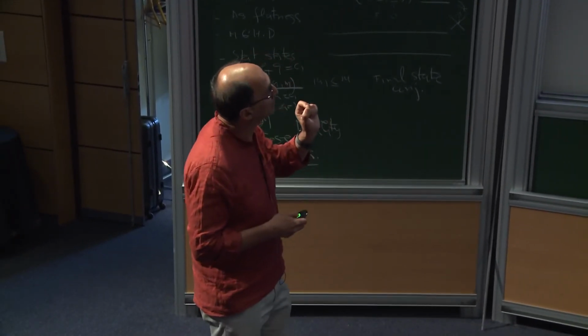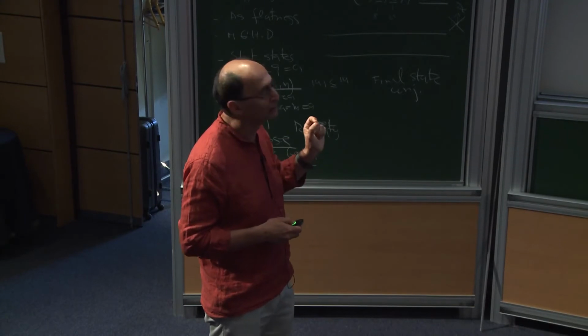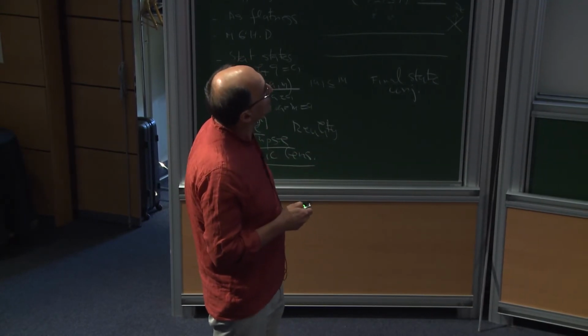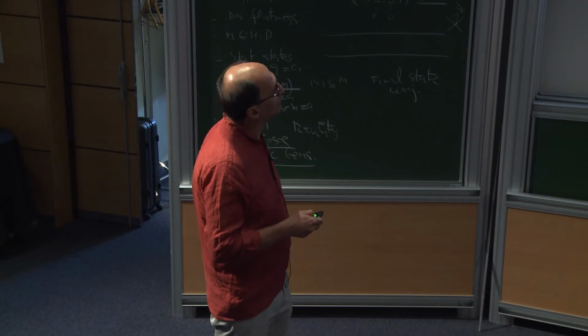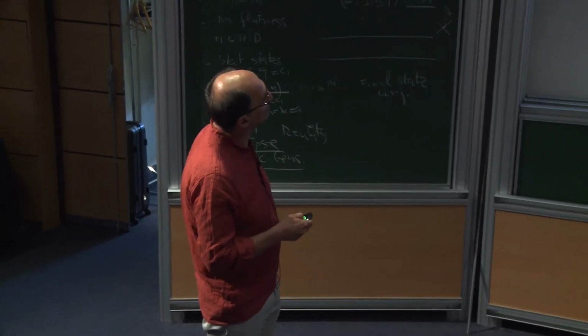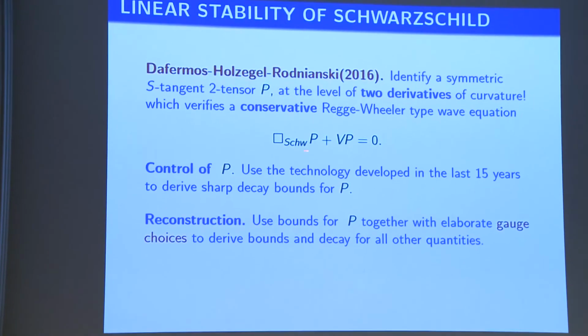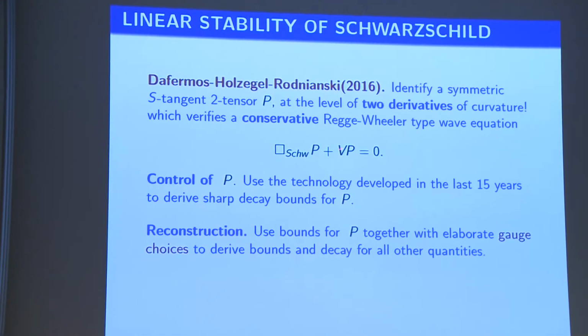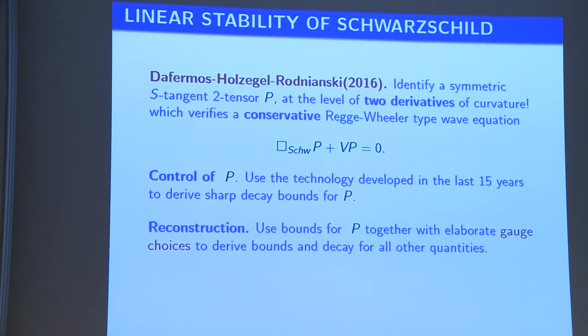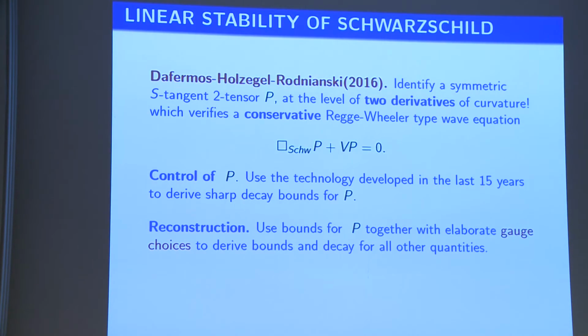So here you take something which involves two derivatives of curvature, which turns out to actually verify a conservative equation. In other words, it's an equation which has just a wave equation in Schwarzschild applied to this P plus a potential times P, and this potential has good properties in some sense. It's called the Regge-Wheeler potential, and it's good.